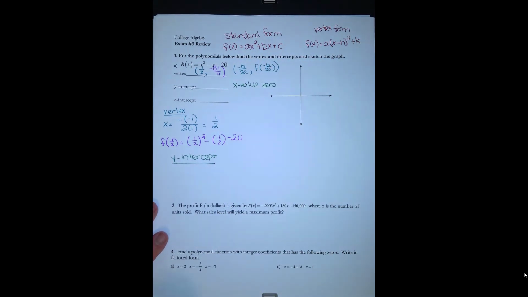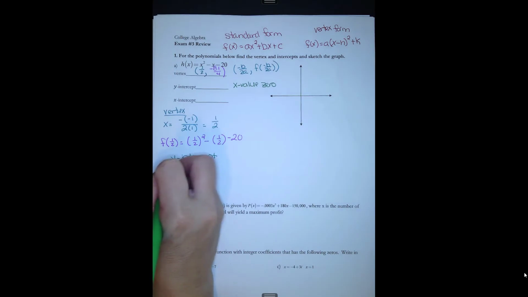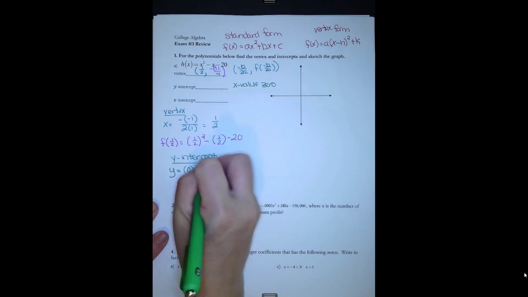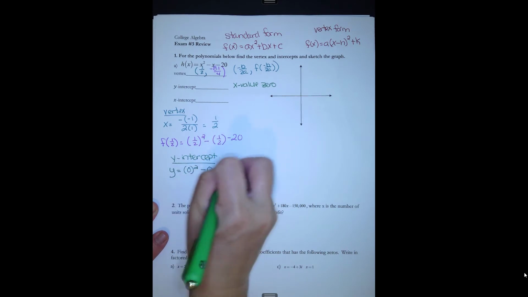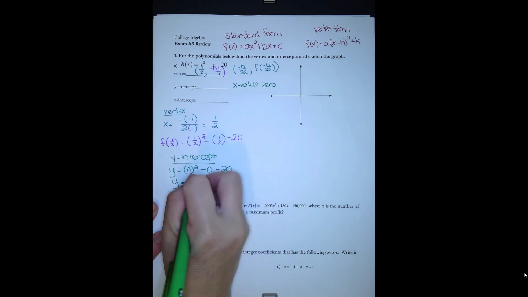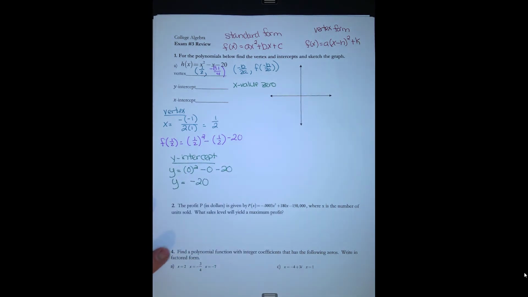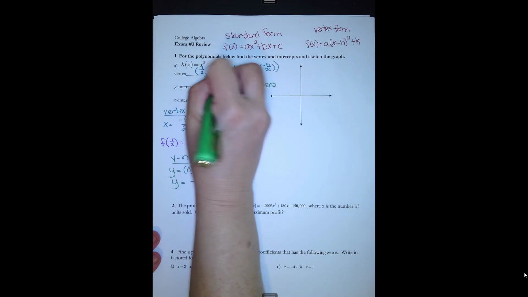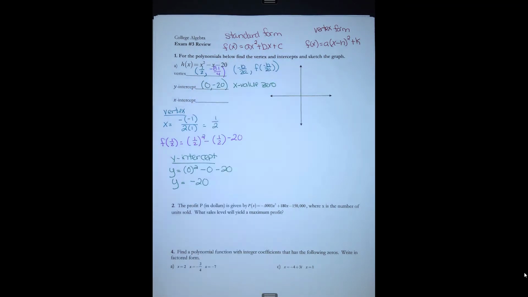So y equals 0 squared minus 0 minus 20. So y equals negative 20. And if we remember, intercepts are ordered pairs. So that is really 0, negative 20.